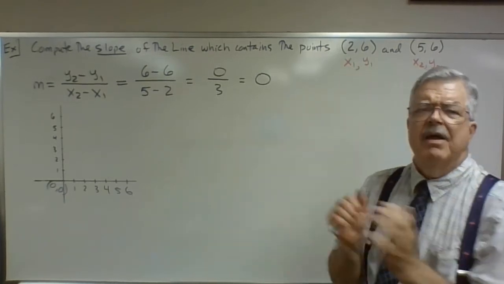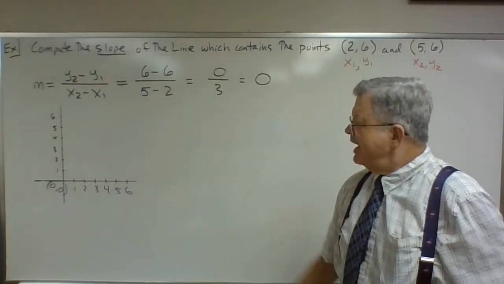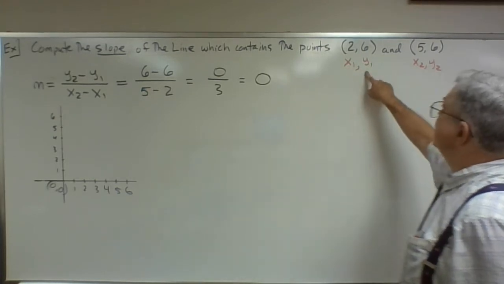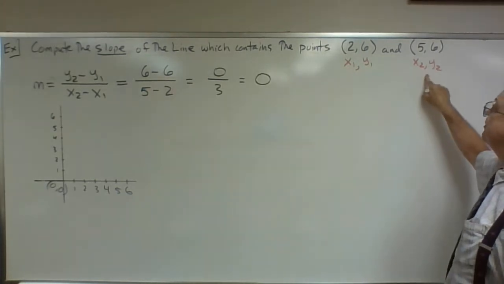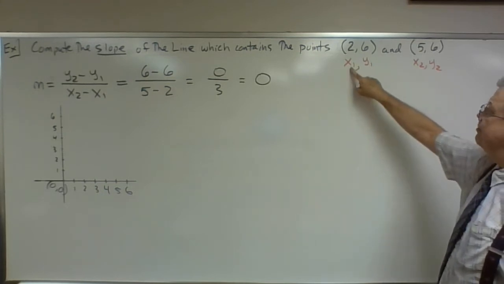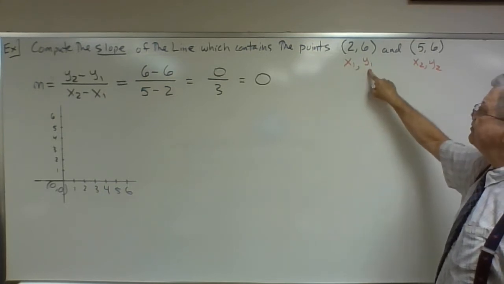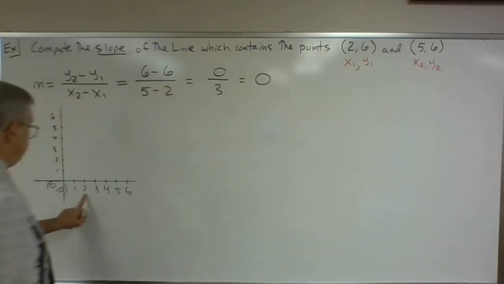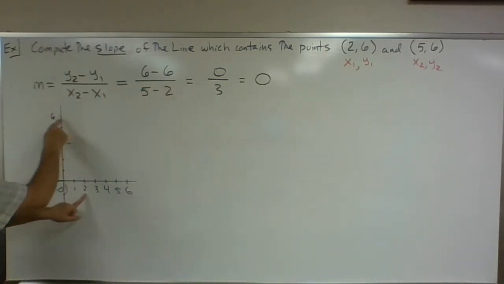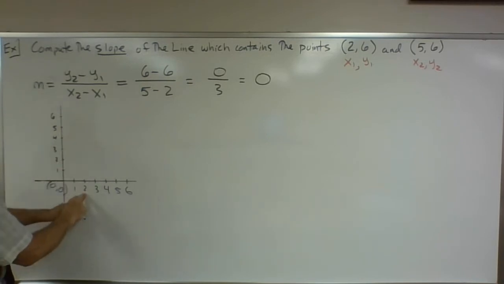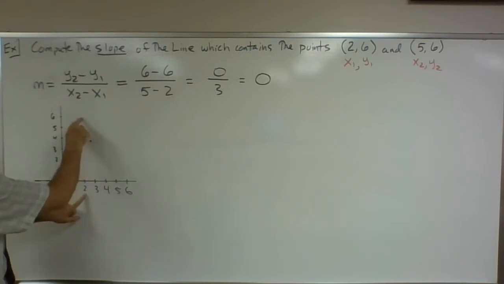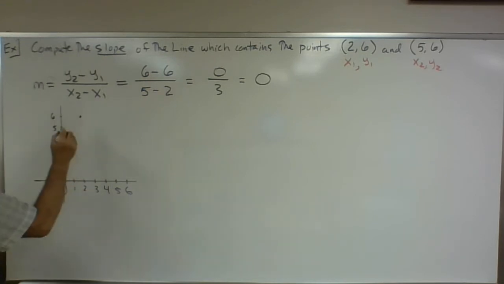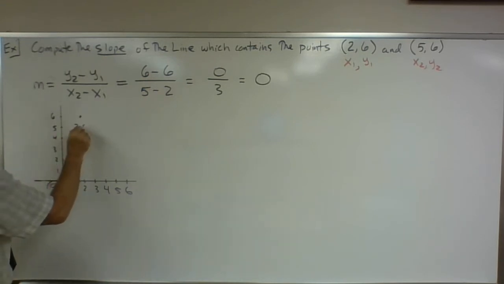Okay. We have our xy coordinate system drawn here. And we're going to plot these 2 points. First of all, let's plot x1, y1. The coordinates are x equal 2 and y equals 6. So here's x equal 2. We go up to y equals 6. And bingo, there's (2, 6).